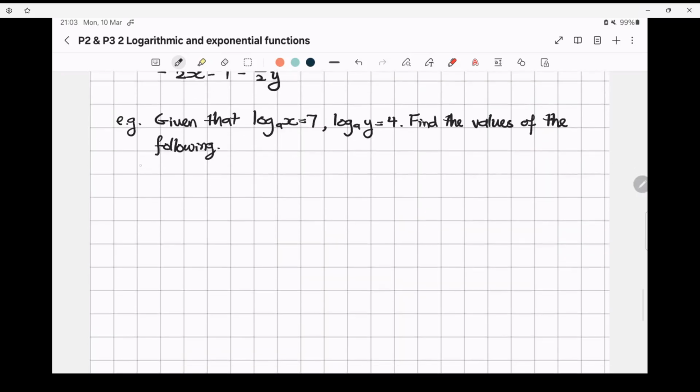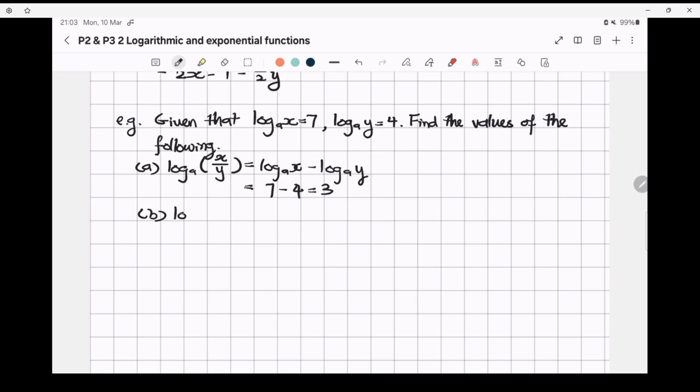Let's look at the first one, log base a of x over y. So that will be log base a x minus log base a y. And that will be 7 minus 4, which is 3.